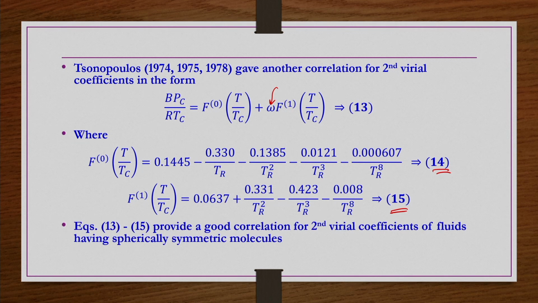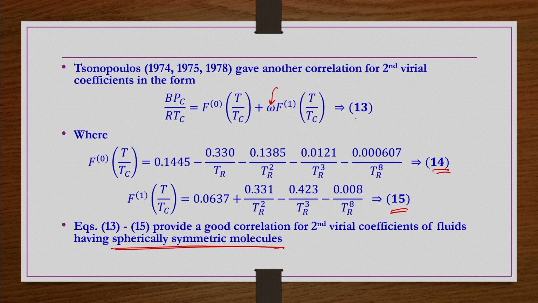So, equations 13 to 15 provide a good correlation for second virial coefficients of fluids having spherically symmetric molecules. For spherically symmetric molecules, several good correlations already exist. The purpose of applying the extended theory of corresponding states is to get an improved virial coefficient for non-spherical molecules also, improved in the sense of better agreement with experimental results.